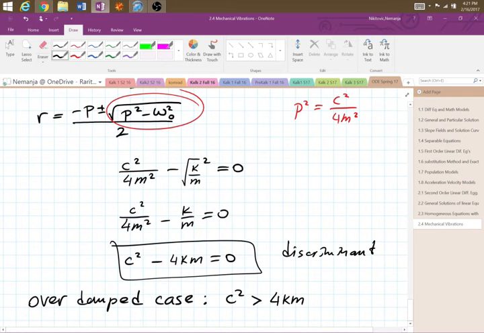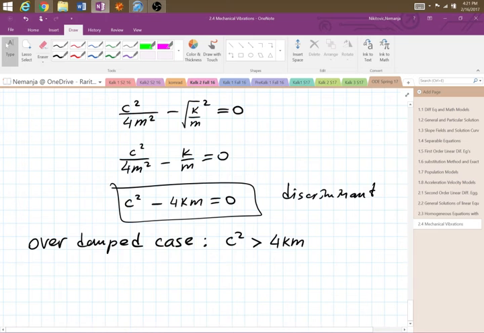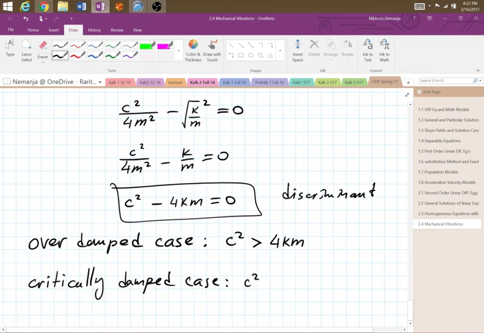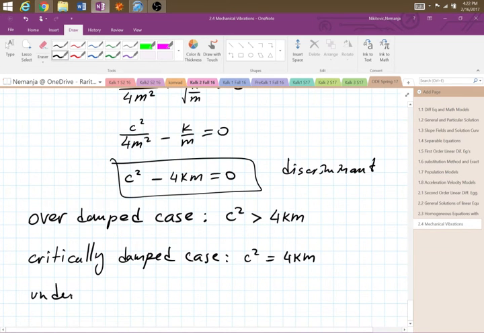And then we have a critically damped case, which is when it's equal. And the underdamped case, where c squared is less than 4km.